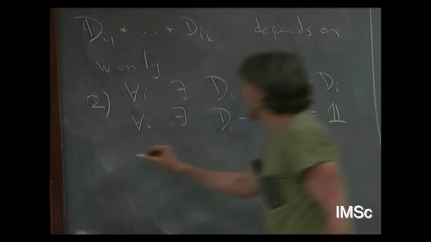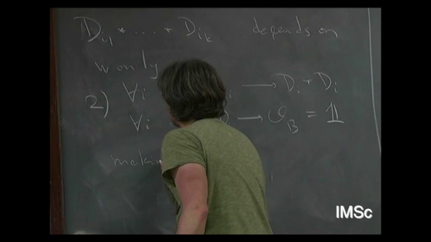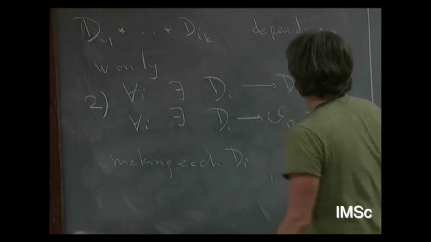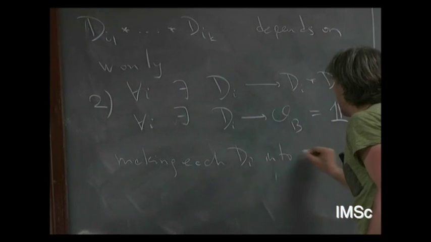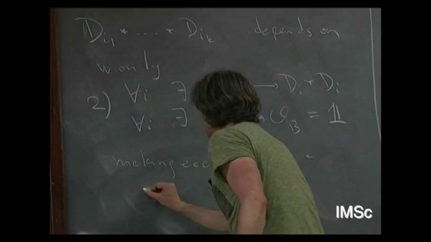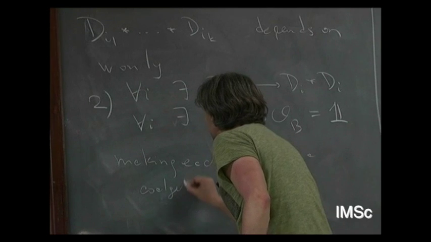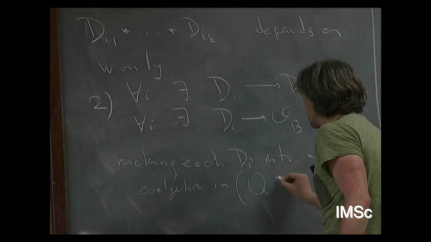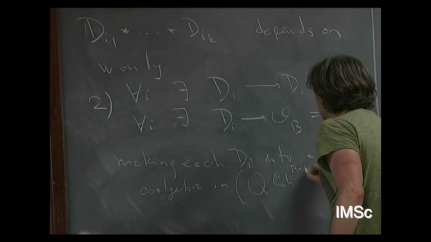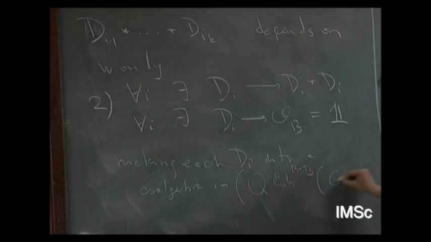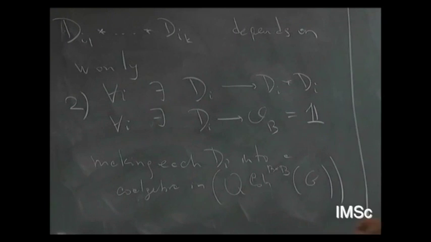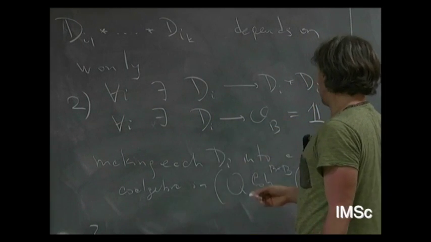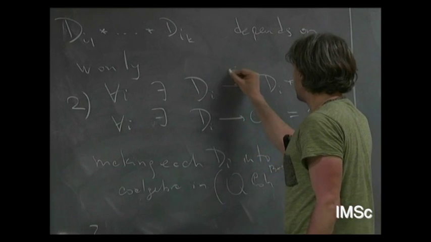So making each D_i into a coalgebra in this monoidal category. And third, in fact, let me denote this map by delta_i.